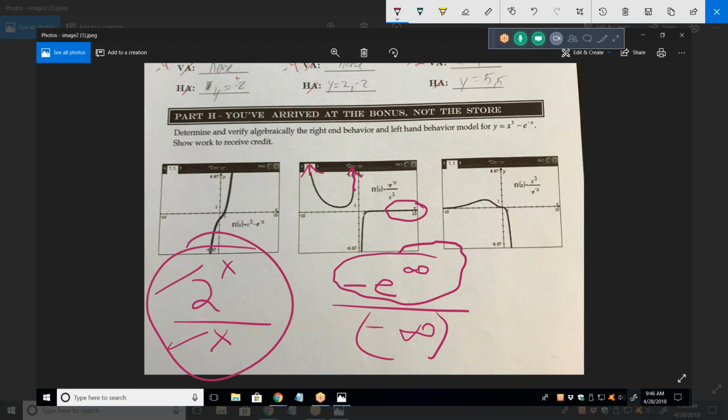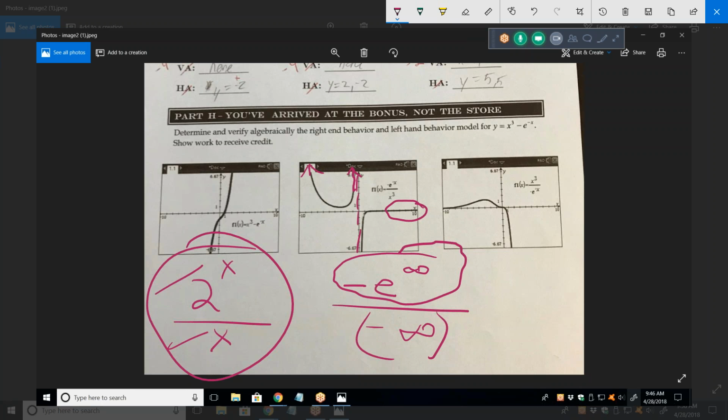Which is saying what? It's saying that the left-hand end behavior is definitely infinity, as we've just shown algebraically. And there's also a place as we approach 0 where it goes to positive infinity. In other words, there's a vertical asymptote right there. And as we approach 0 from the right, we go to negative infinity.